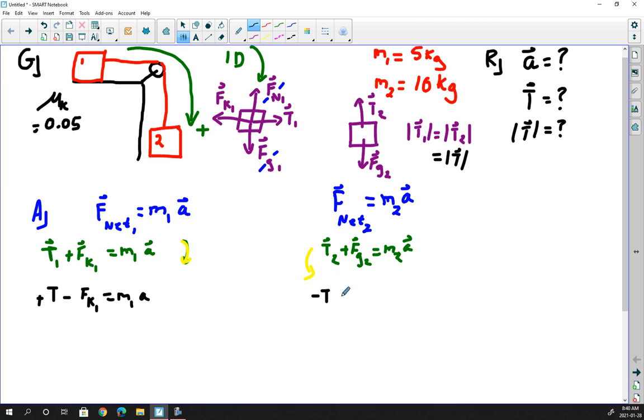And this is positive force of gravity on the second object, which equals m2 times a. So let's continue with our work here. We know this would be mu k times the normal force on the first object.